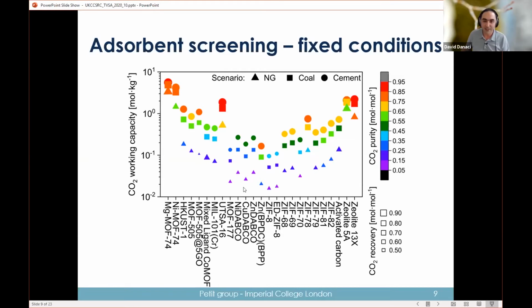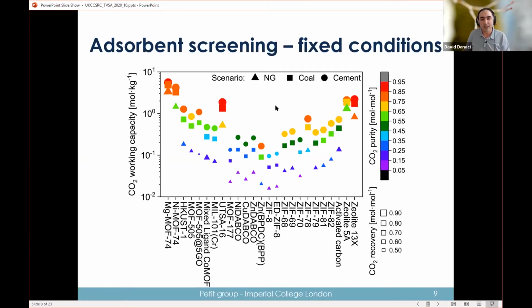Now, in general, we have an increasing trend across the cases. So the working capacity of the natural gas case is much lower than the cement case, which is expected due to the much higher concentration in the cement case. So you can adsorb more at higher concentrations.